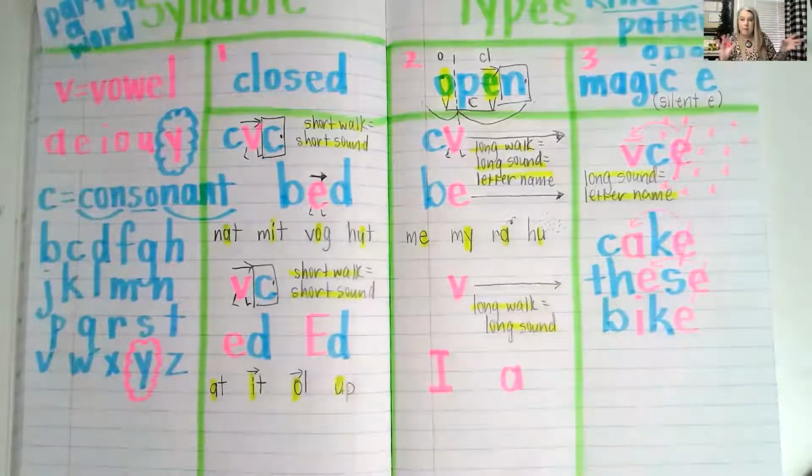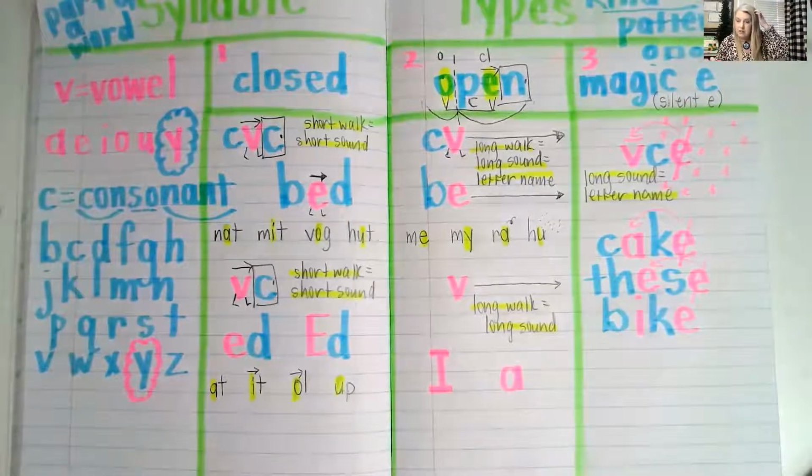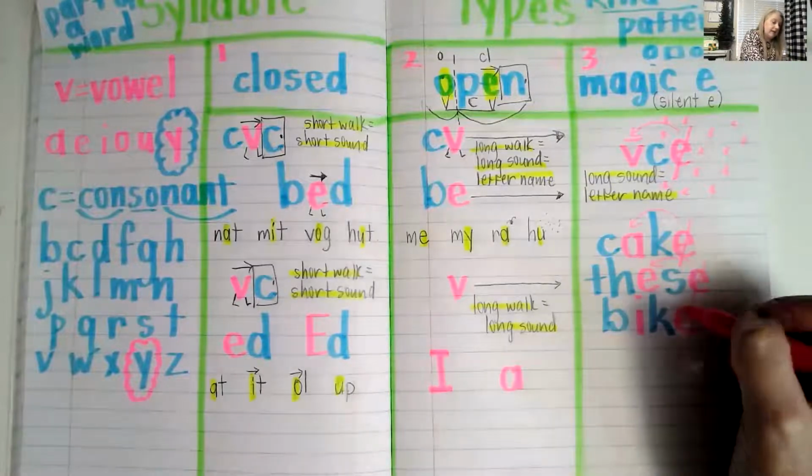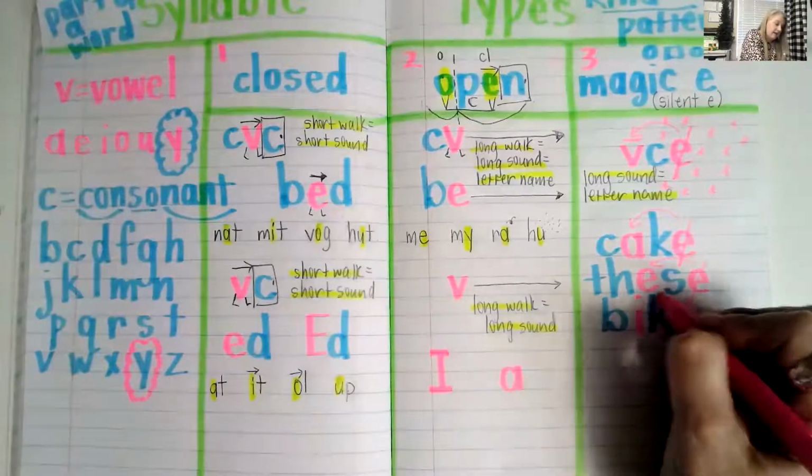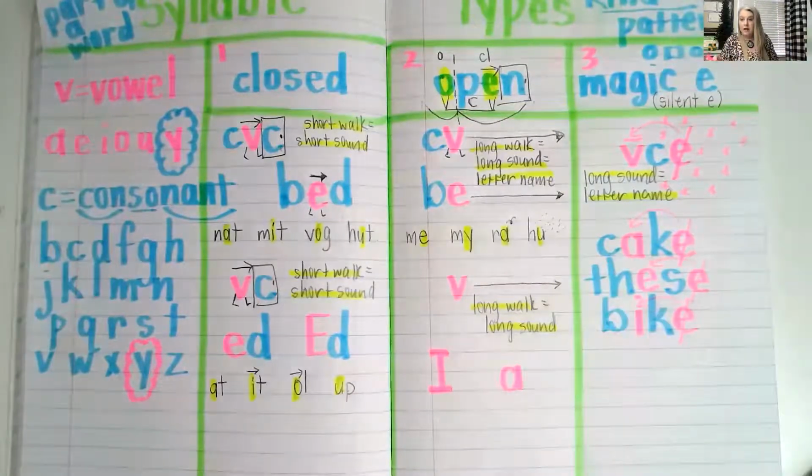Now, if you don't want to flip back and forth with the colors because it's too much for your students, just don't. You can write it all in one, and then you can highlight it if you want to. That's fine. So I'm just doing it to point it out to you online. So we have E on the end is silent. It makes that I say its name. So I will say I. Bike. The word is bike.